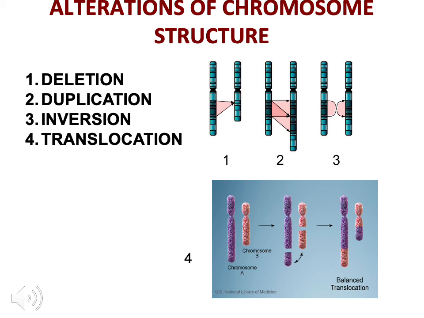Of course, that's going to have its implication after the fertilization event, because you could then have an offspring that is missing genes or having extra genes. And once again, that could be a benign situation, but it could also spell disaster and be a lethal situation for that zygote.